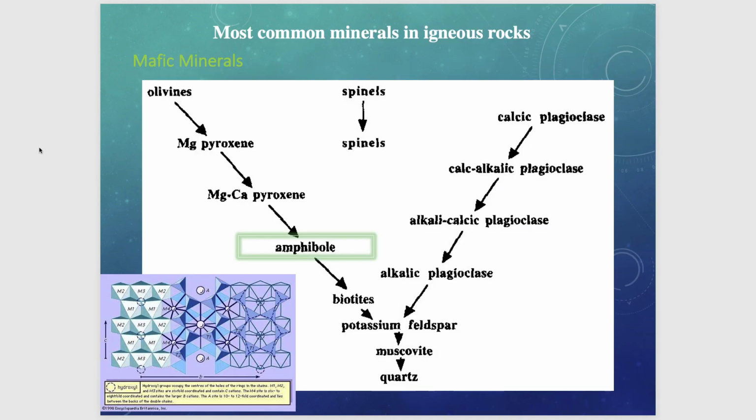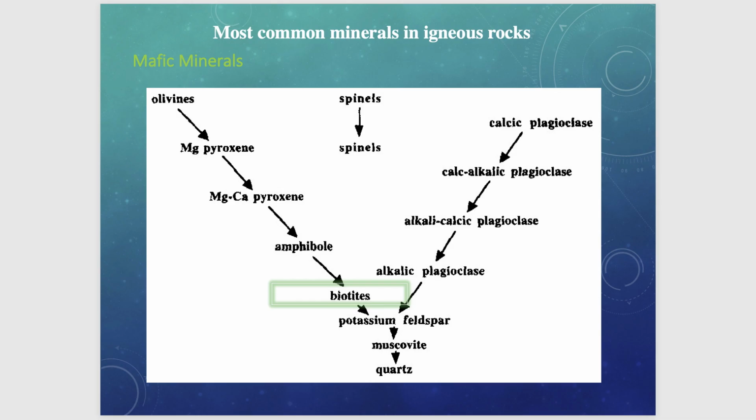If we move to the next on the Bowen sequence, on the side of the ferromagnesian minerals are biotites. So biotites are phyllosilicates. Their structure is somewhat similar to amphibole in the sense that they have TOT packages.